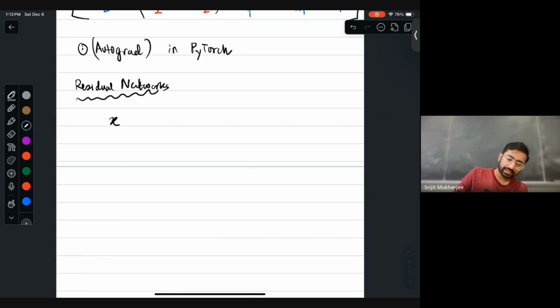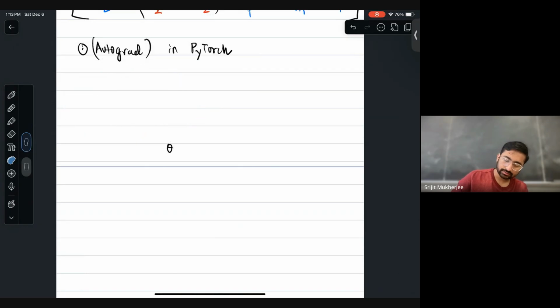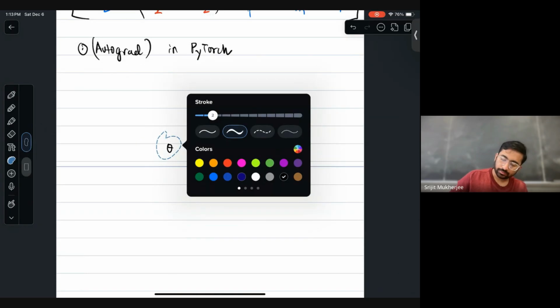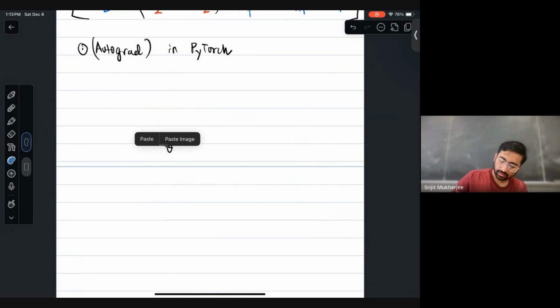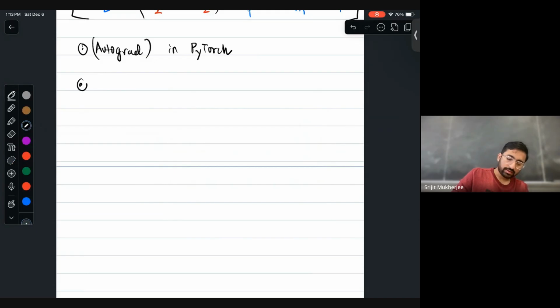So we have x, h1, it has theta. This is a special type of graph. So let's see what it means.